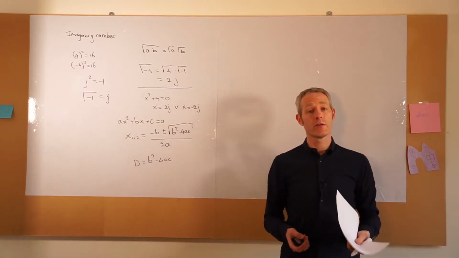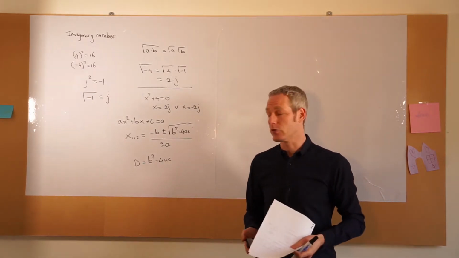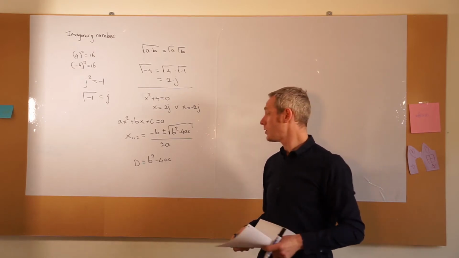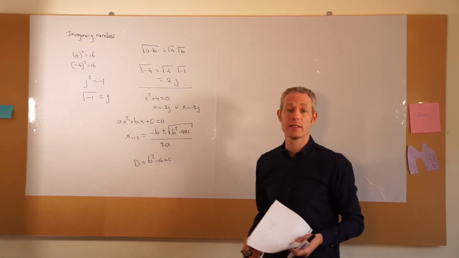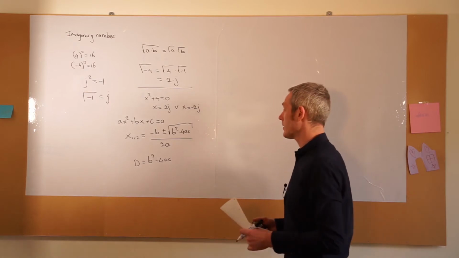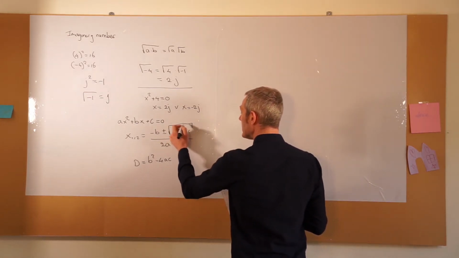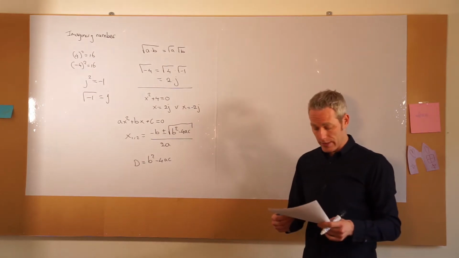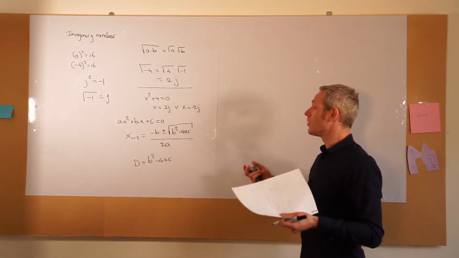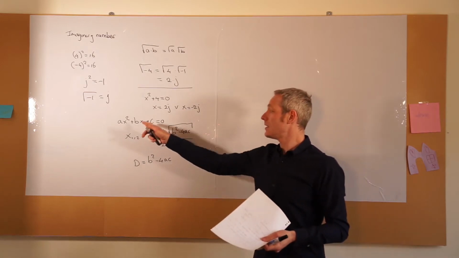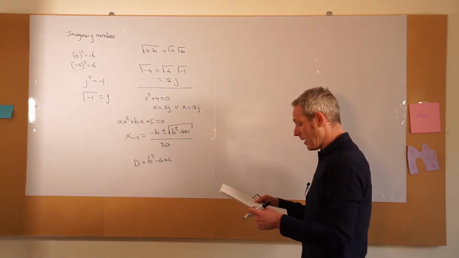And if the discriminant was positive, it would have 2 real solutions. If the discriminant was 0, it would have 1 solution. But now, if the discriminant is negative, we can still write out our solutions because we can now take square roots of negative numbers. So the ABC formula now works for any second order equation.